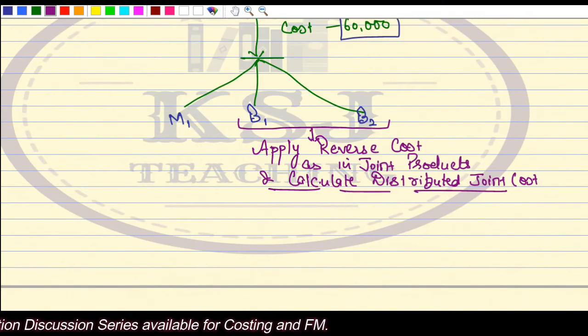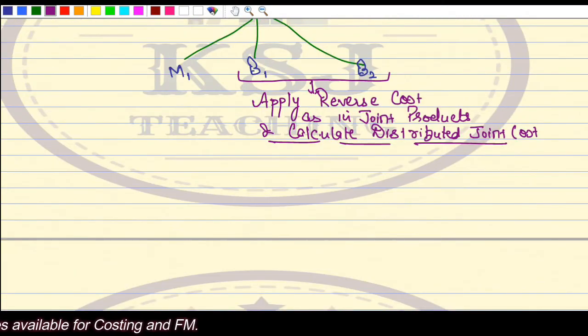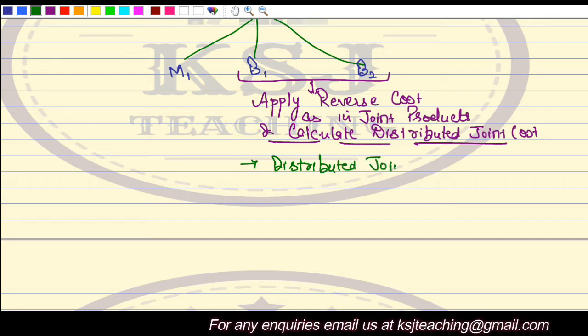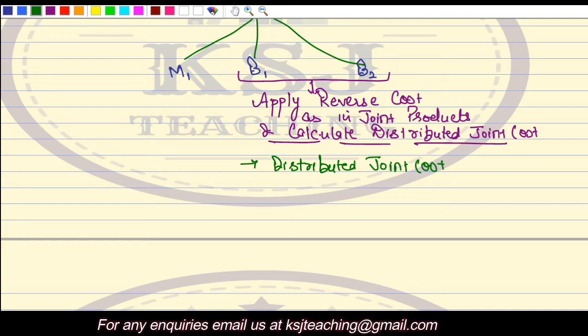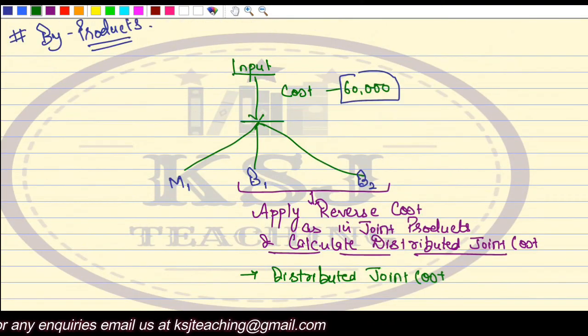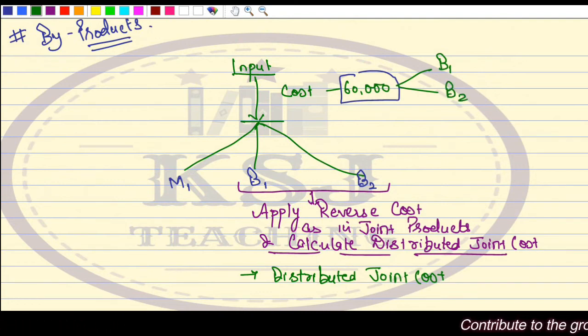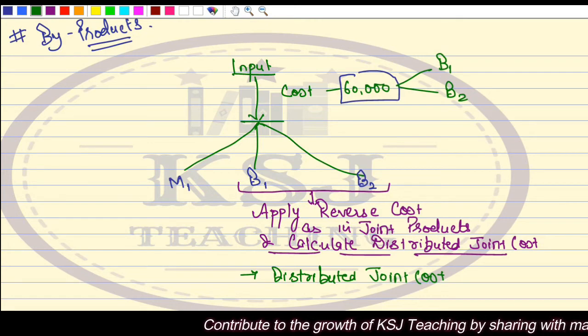So from here, what you will get is the distributed joint cost, right? What is meant by the distributed joint cost? That out of this total 60,000, what is the share of B1 and B2 in this? What you will get is the share of B1 and B2 in the 60,000. This is known as distributed joint cost of B1 and B2.